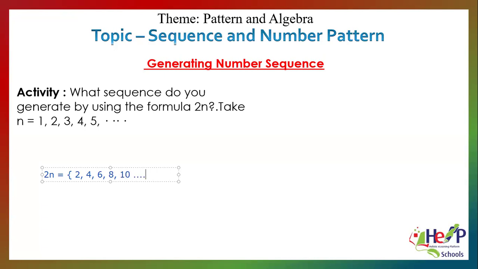That is how you generate that sequence. You start replacing n by the counting numbers 1, 2, 3, 4, 5, and n represents the position of that term. Specifically here we have 1, 2, 3, 4, 5, and so on. So we've ended on 5.